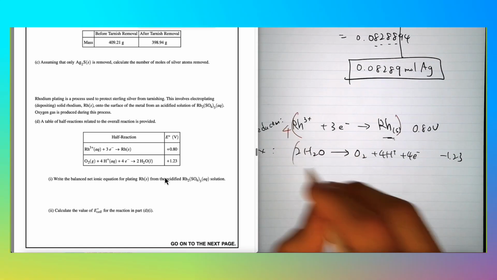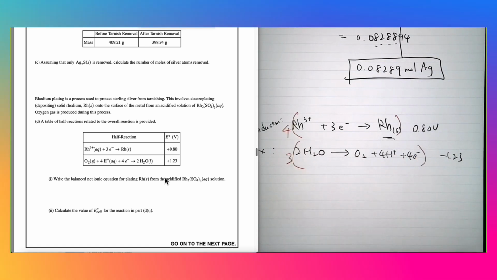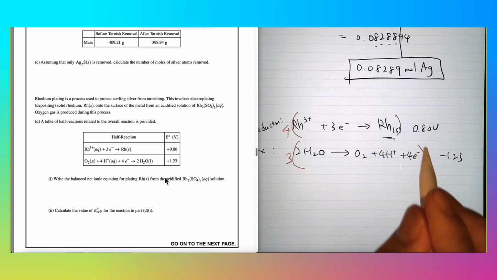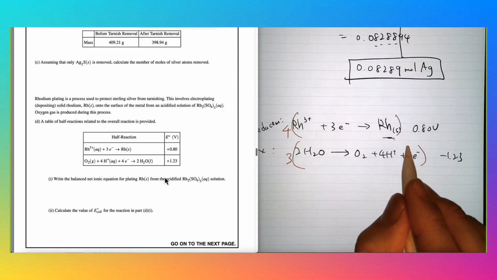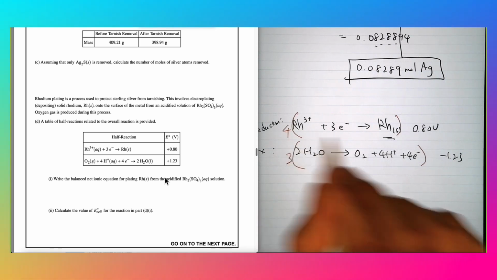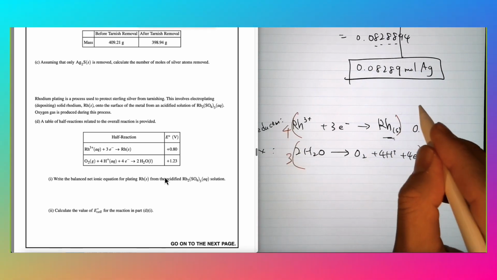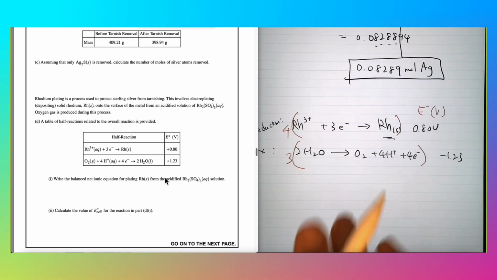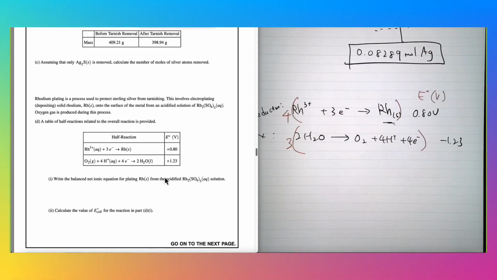We multiply the bottom by 3. Now, one thing to be careful about is that you're not changing the half cell voltage. Just because you multiply by 4 here doesn't mean your half cell voltage is going to change. Now, if it was Hess's law, it changes. But in the reduction potential, it doesn't change.